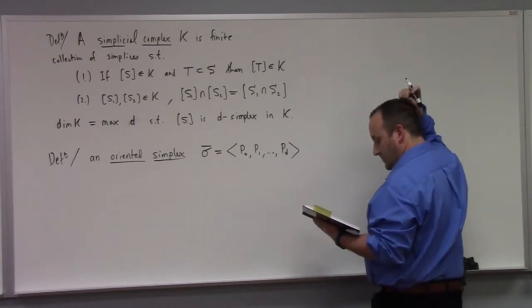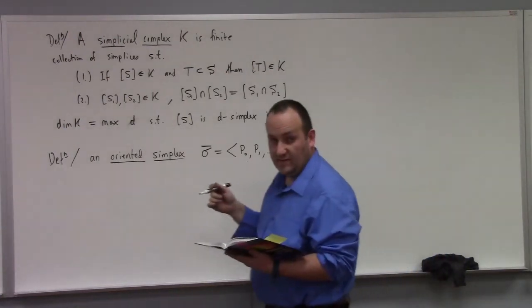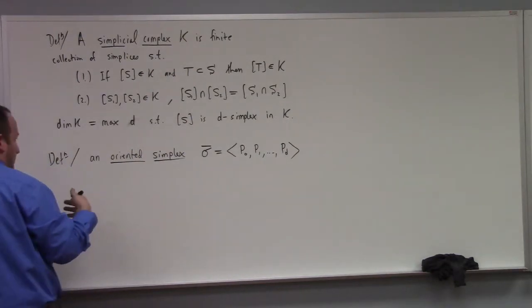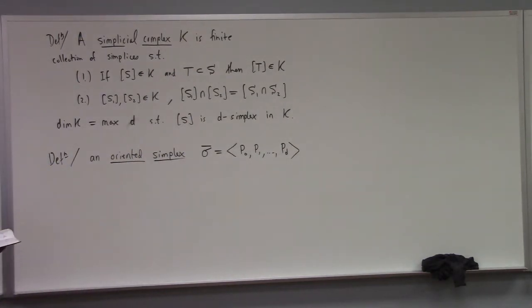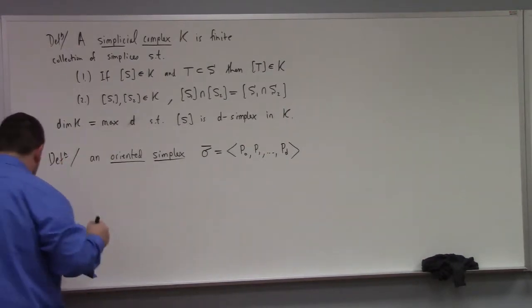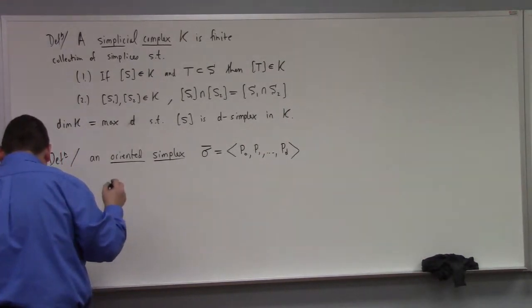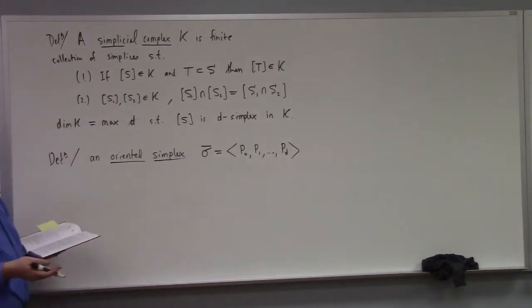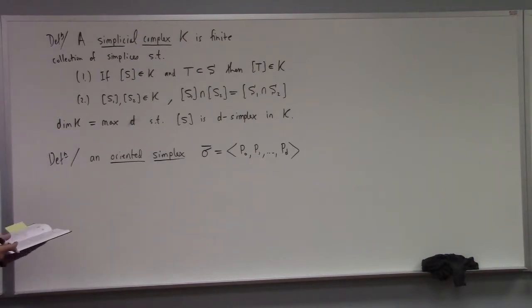Well, actually, let me save the examples for just a minute, because in order to make good on the examples, I need to do the next three definitions. Let's get to it. So, what's an oriented simplicial complex? Same as what I just wrote, except with orientations.